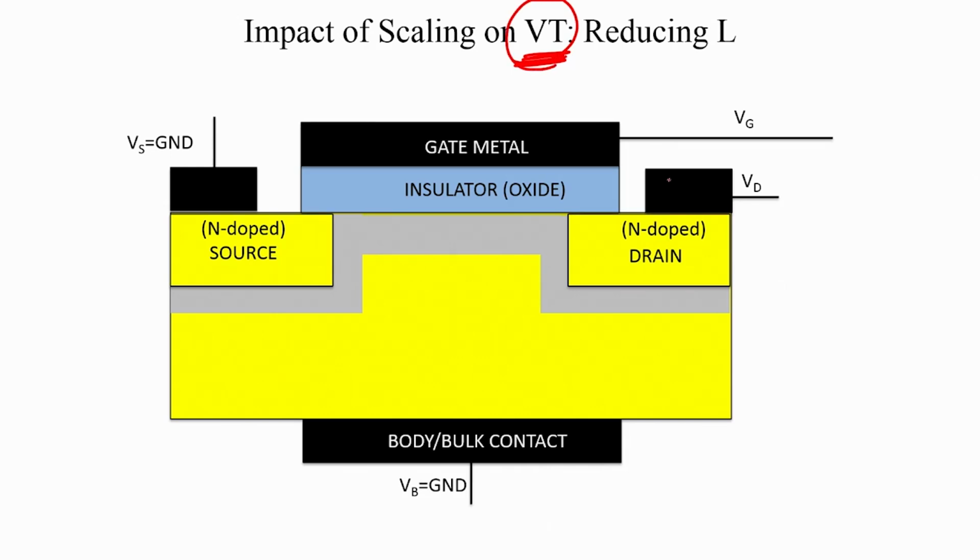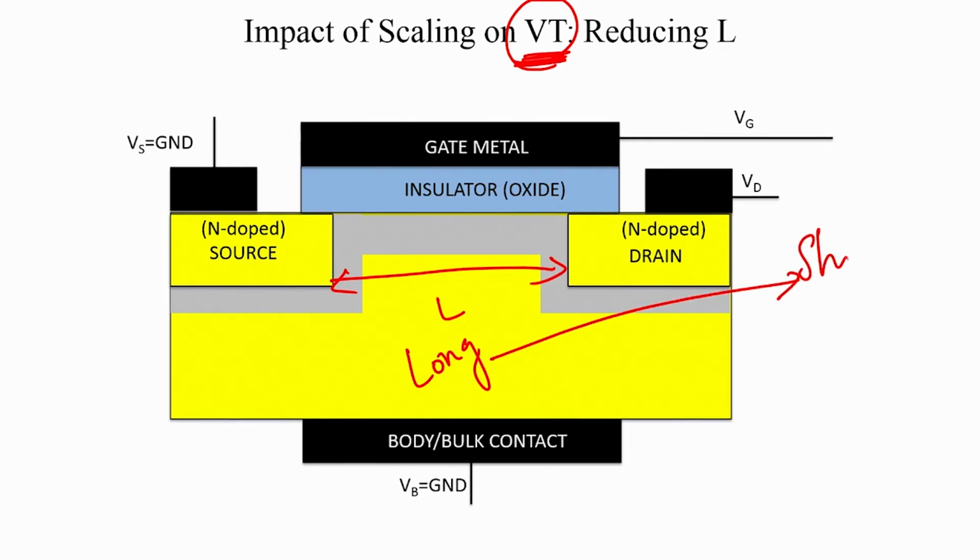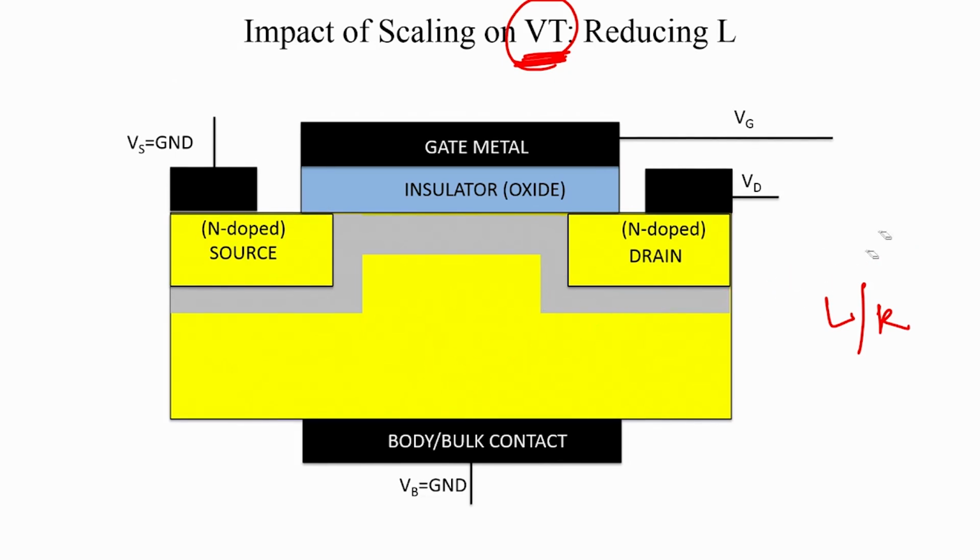So, what we are going to do is start with a regular long channel device, and then head towards a short channel device, which is the scaled down version, and we are going to see what happens to the threshold voltage.